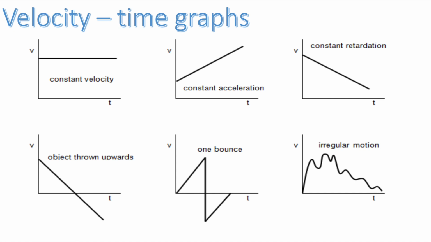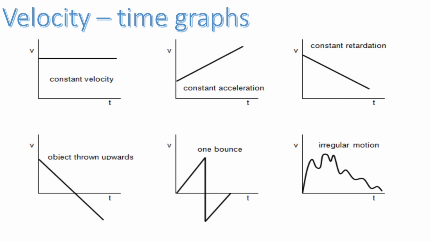Just before touching the ground, it possesses maximum velocity. Then suddenly the ball will bounce. So in this case, the direction of velocity is opposite, bouncing back. At the starting time, it was coming downward. Now it's going upward.